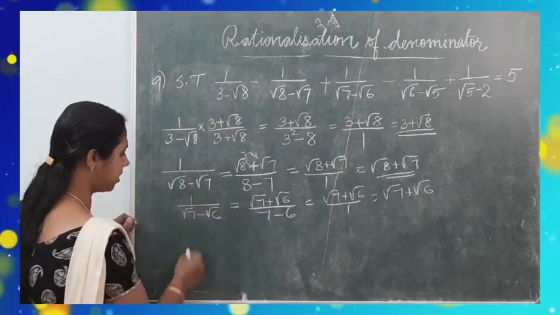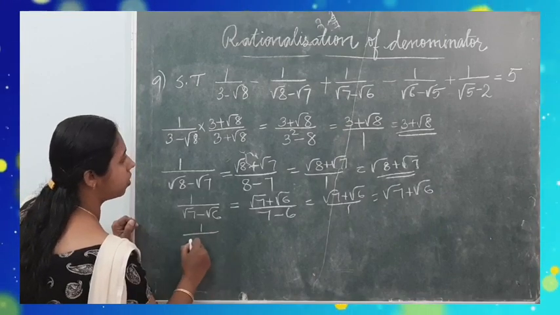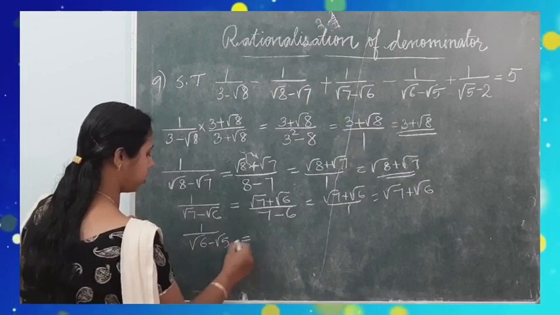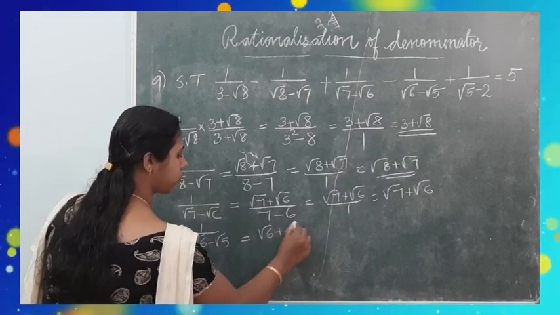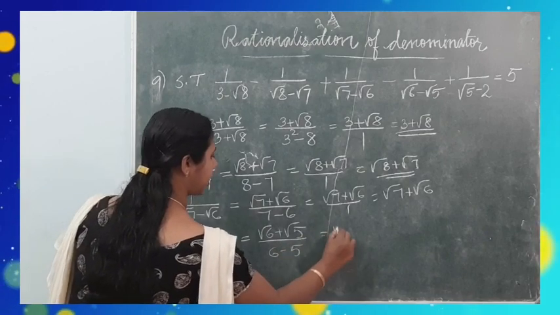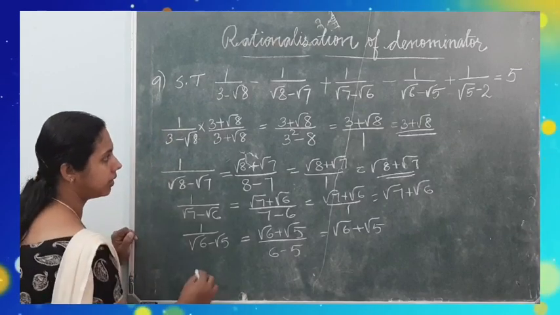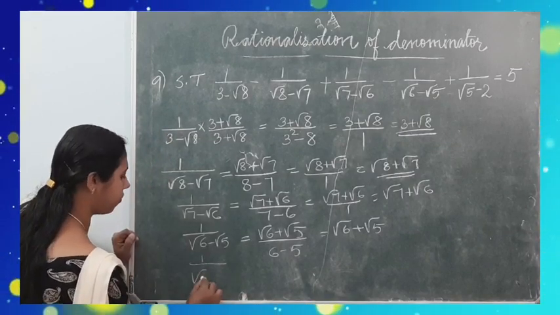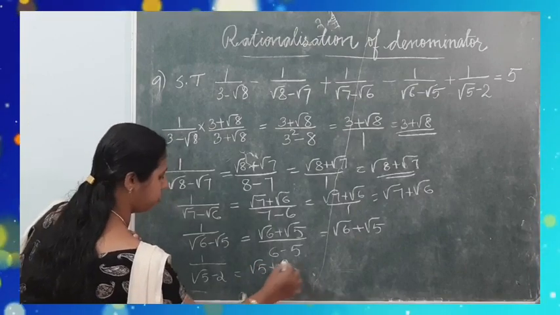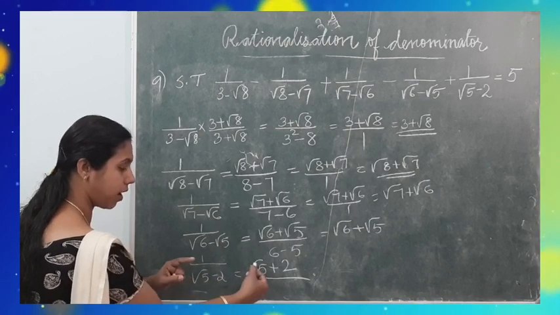The next term is 1 by root 6 minus root 5, which is equal to root 6 plus root 5 divided by 6 minus 5, which is equal to root 6 plus root 5 by 1. Next one, 1 by root 5 minus 2, that is equal to root 5 plus 2 divided by root 5 minus 2 into root 5 plus 2.